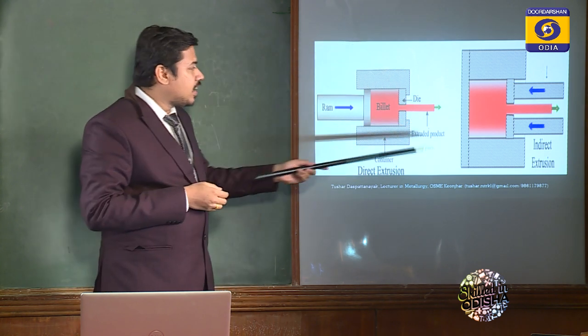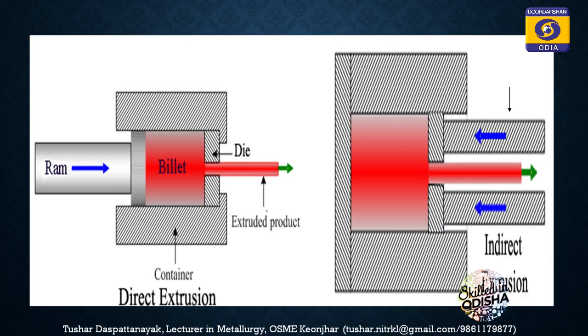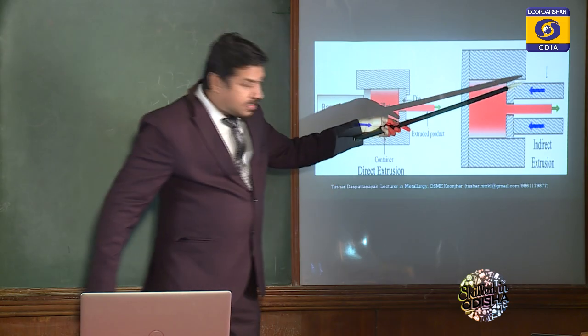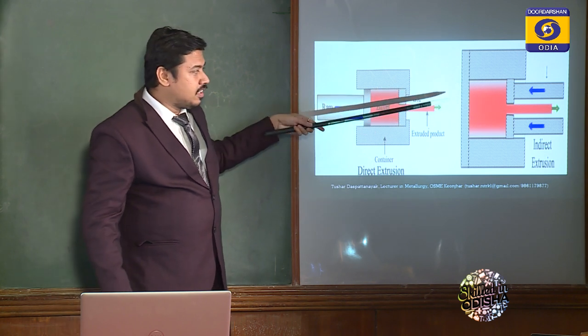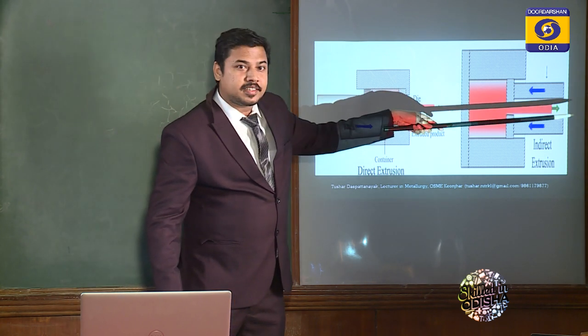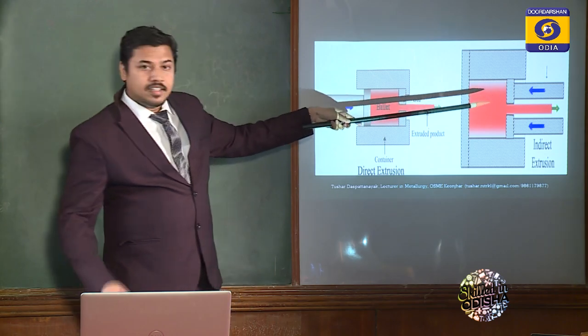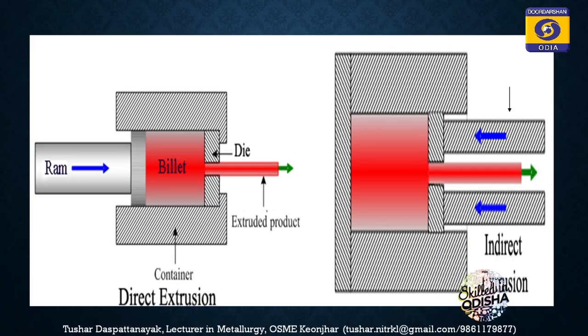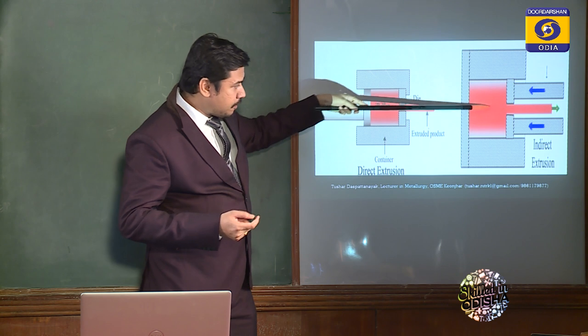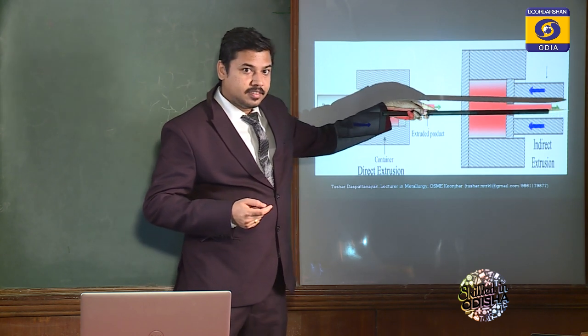However, in case of indirect extrusion, I apply force from this direction, the product comes in the opposite direction. Can you get me, students? We apply from this direction, the product comes in that direction.